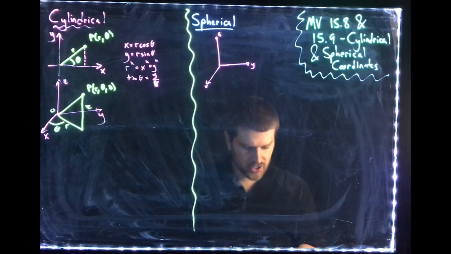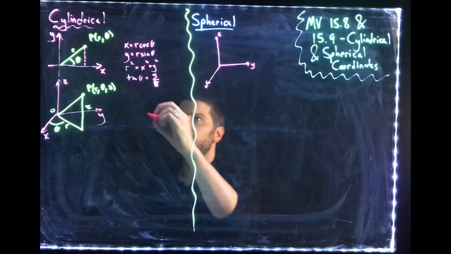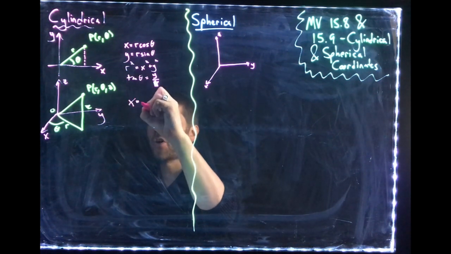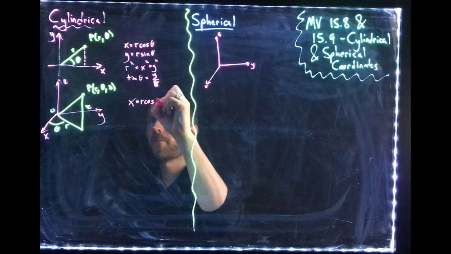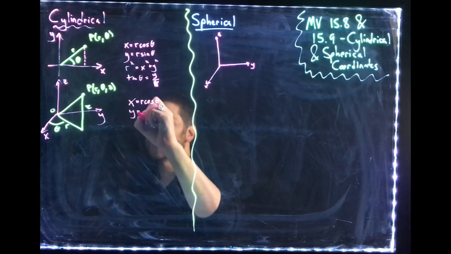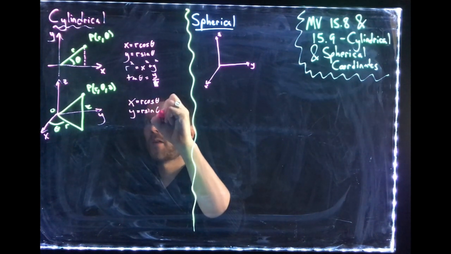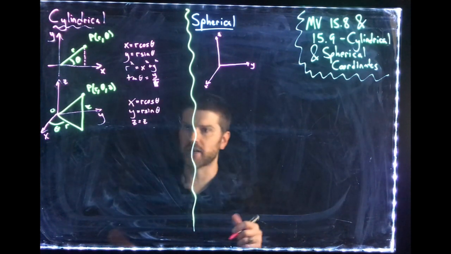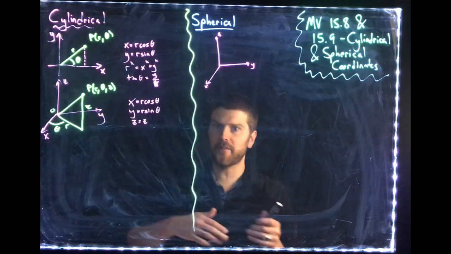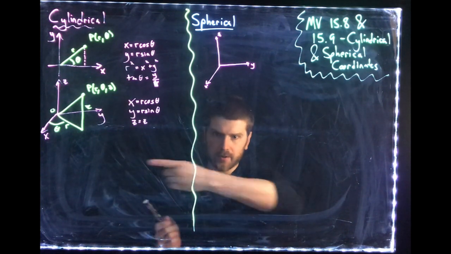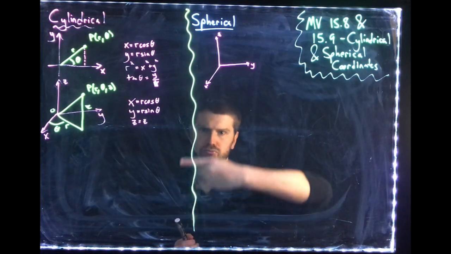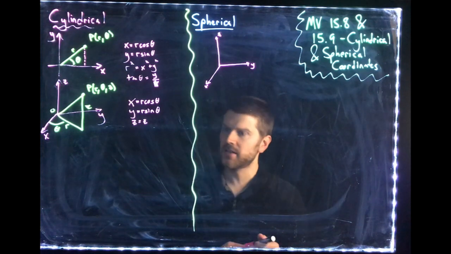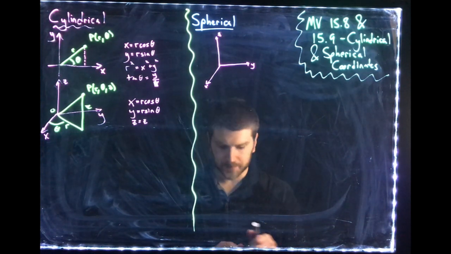So the conversions here are actually fairly familiar. We still have x equals r cosine theta, y equals r sine theta, and z, our z coordinate equals, well, it equals our z coordinate. So in this case, we still have polar. Use r and theta to come out and locate your point, and then you just move up a distance z to get there.